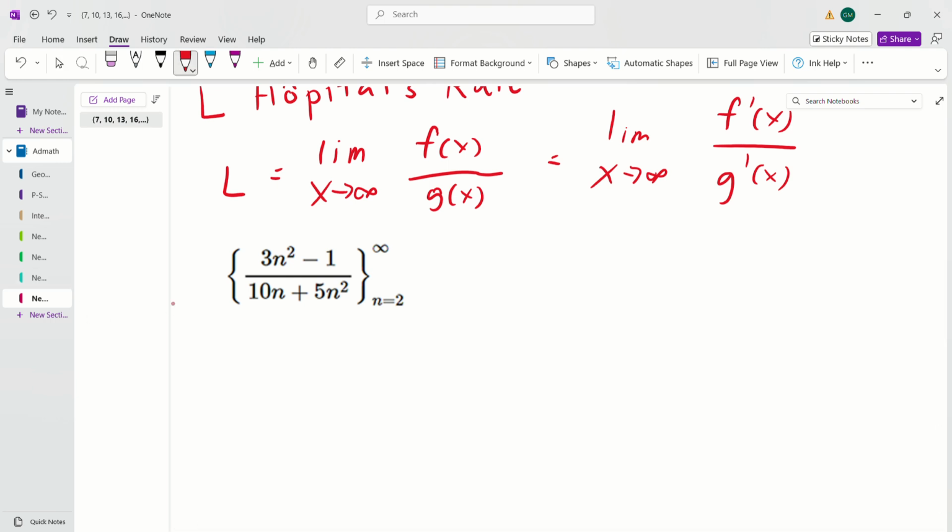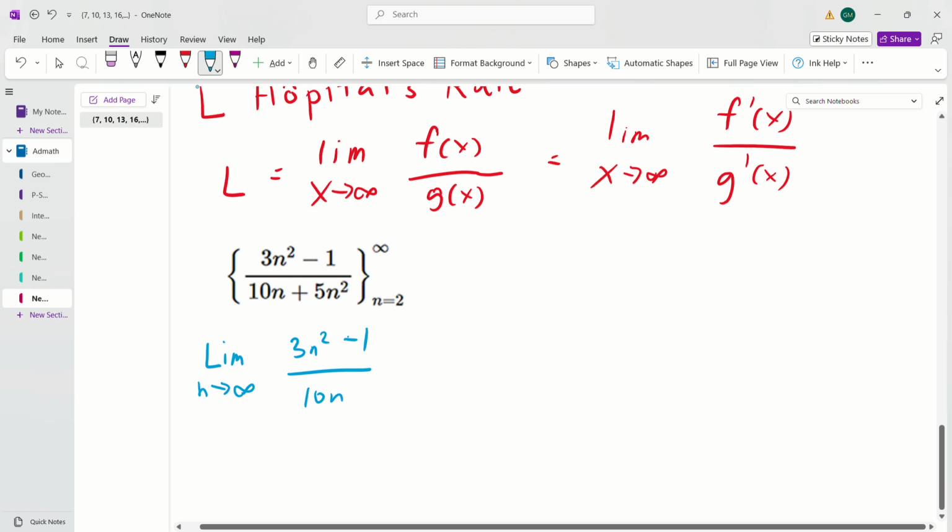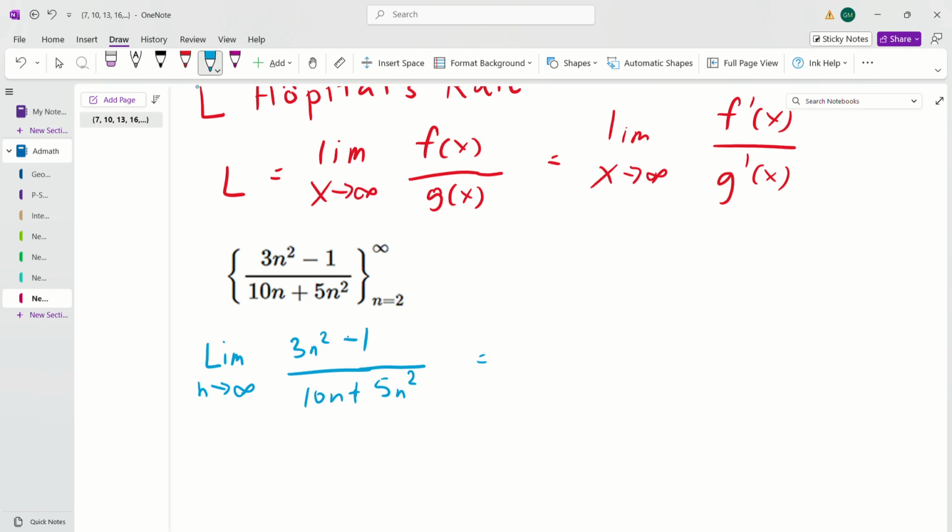So the limit as n approaches infinity of 3n squared minus 1 over 10n plus 5n squared. What we can do is apply L'Hopital's rule, differentiating the numerator and denominator.